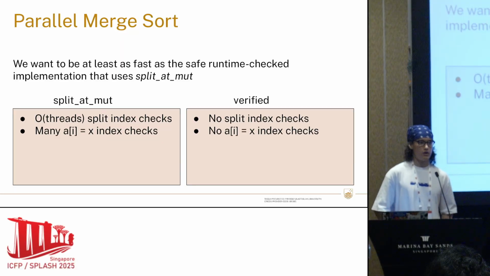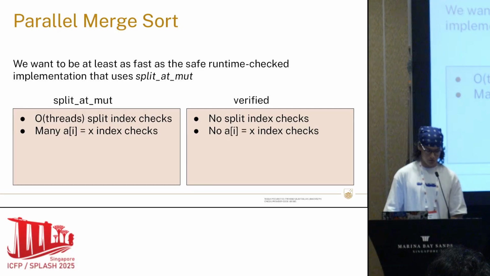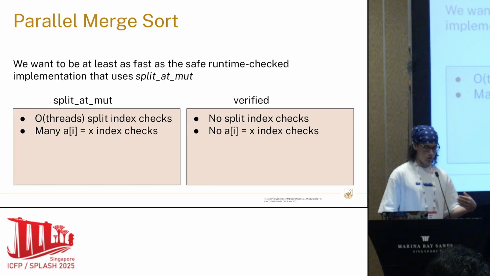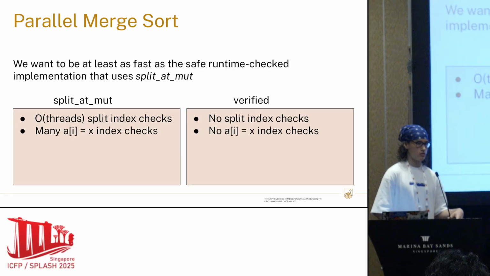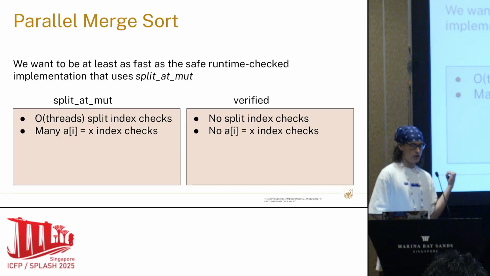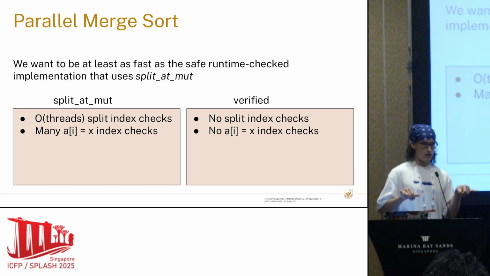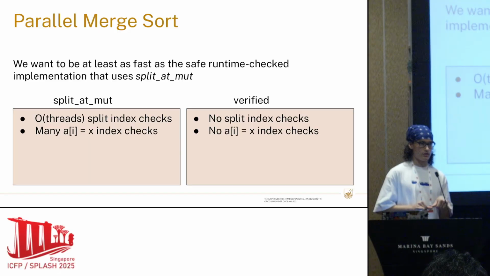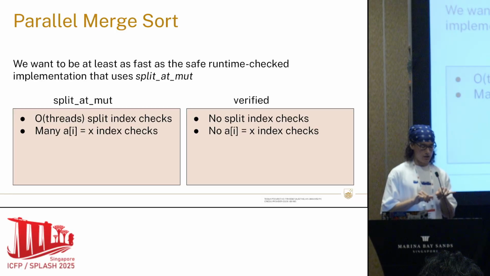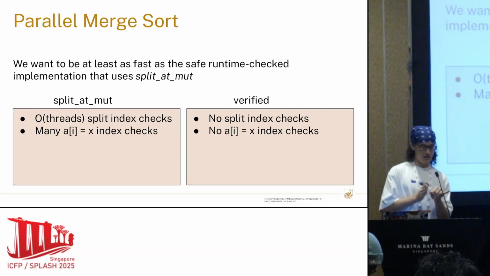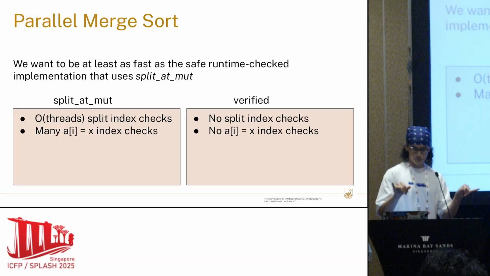If we want to compare our version of parallel merge sort with something, a good candidate is the safe version of the parallel merge sort that uses the split_at primitive that I showed before. It just splits, and every time you split an array, it checks that the split index is in between the start and the end of the current array, and then it gives you 2 slices.